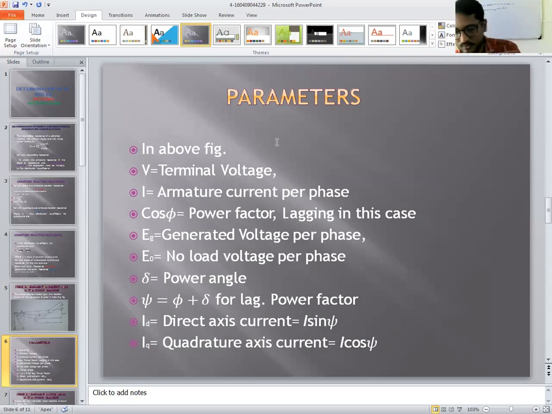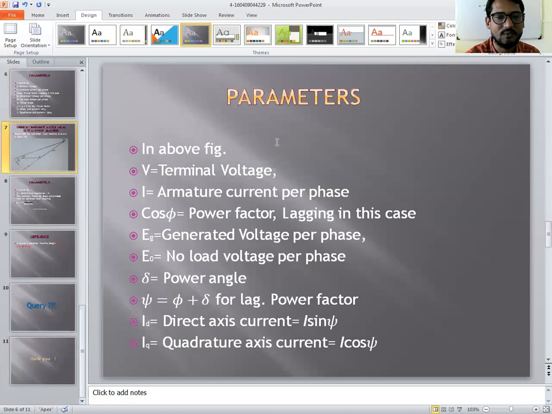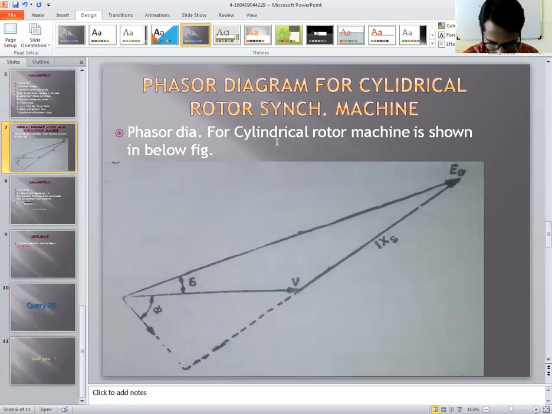So for that we have to do the experimental setup, and after that we can draw this phasor diagram. For the experimental setup, in the slip test, a three-phase supply is given to the armature. The field winding of the alternator is kept open. The voltage applied must be less than the rated voltage.